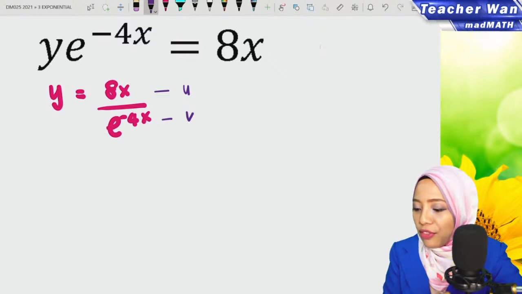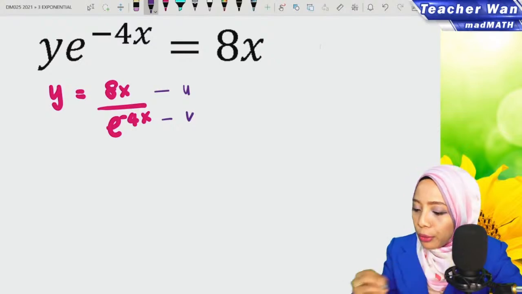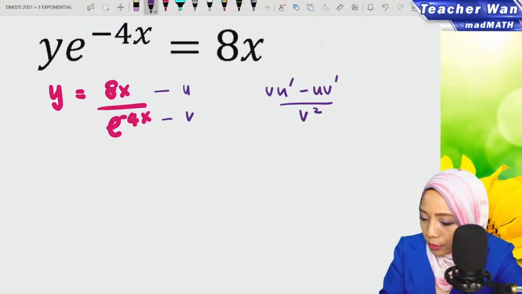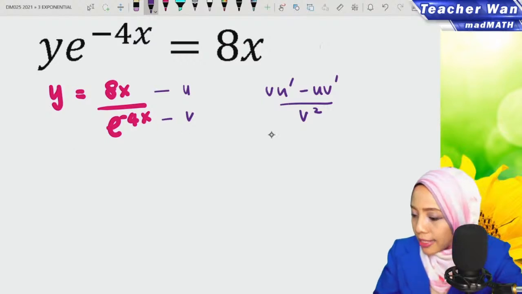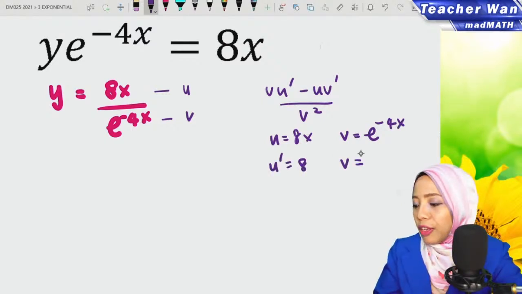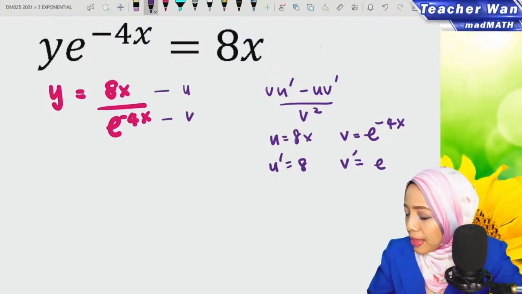Now clearly you can see that it consists of two functions, u and v. So again, which rules are we going to use? Quotient rule: v u prime minus u v prime over v squared. u is 8x, v is e to the power of negative 4x. u prime equals 8. v prime equals exponent negative 4x.